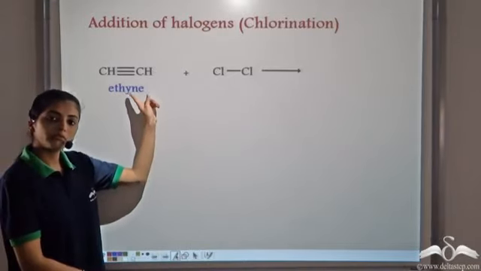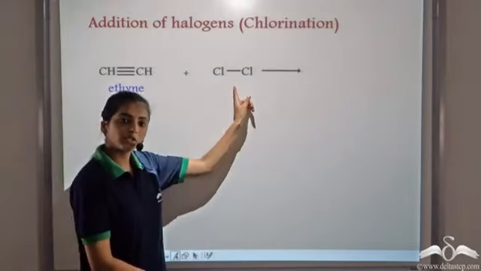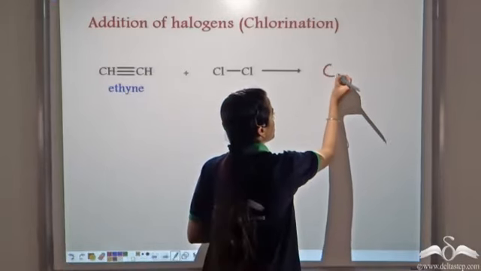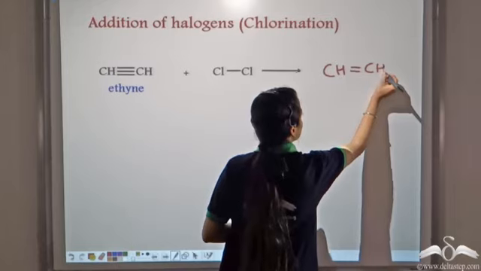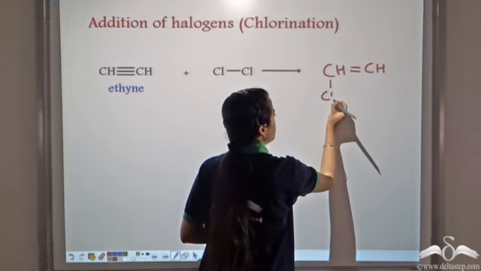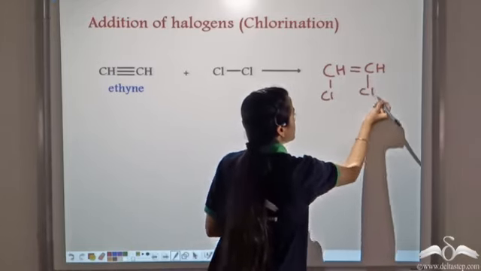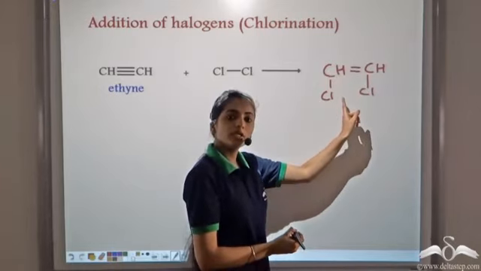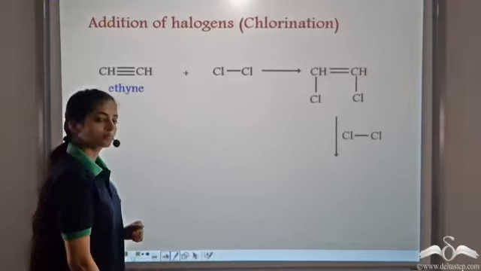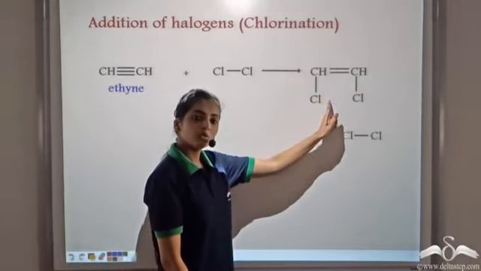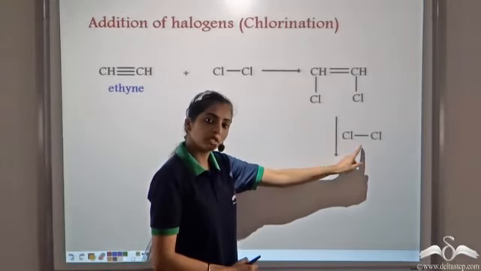In the first step, we have ethyne reacting with chlorine. So the triple bond breaks into a double bond, and each chlorine atom attaches itself to one carbon atom to give the addition product. In the second step, we have this product now. It is made to react further with chlorine.